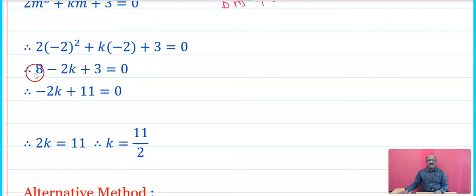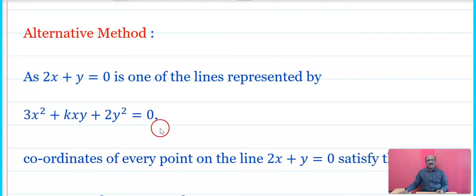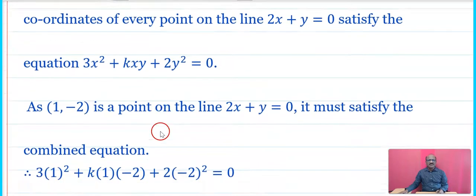Therefore 8 plus 3 is 11, and that's why 2k is equal to 11 and k is equal to 11 upon 2. You can apply the alternate method here also.